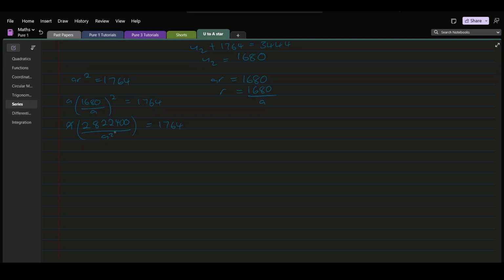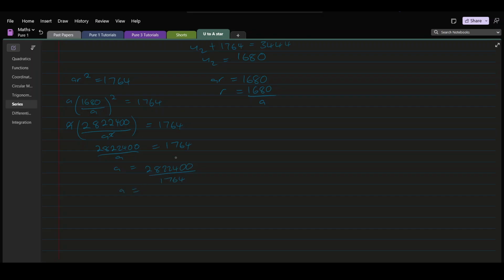So the a will cancel with one of the a in the squared. And so you end up with 2,822,400 over a, and this is equal to 1,764. So a must be equal to 2,822,400 over 1,764. Let's punch this into the calculator.